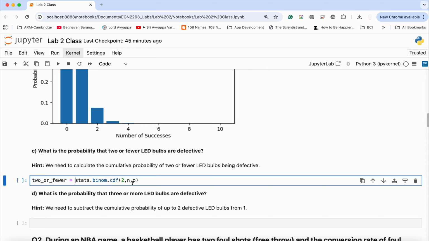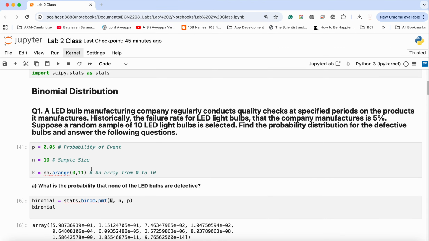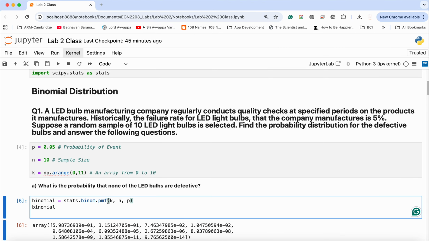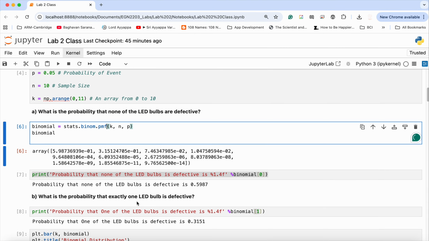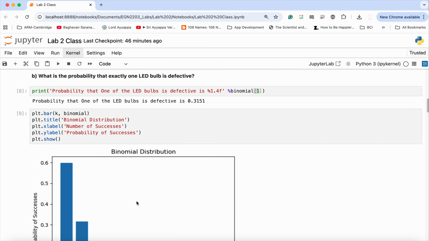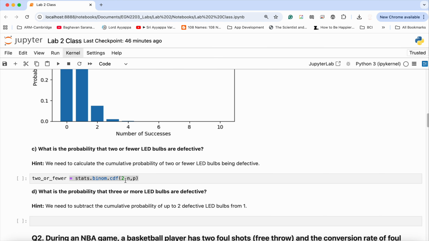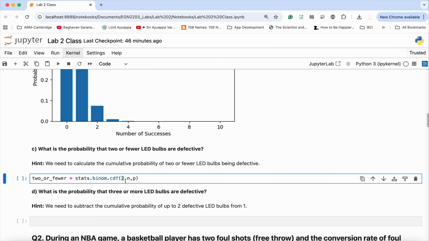Now if you look at this, this is very similar to the PMF function. In the PMF function, we also specify k, n, and p. So the n and p are the same, there's no difference. When I specify k equals 2, I'm using the CDF function. That means I'm going to accumulate all the probabilities up to 2, that means 0, 1, and 2.